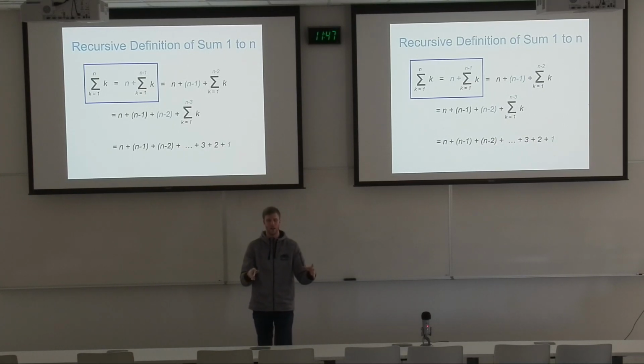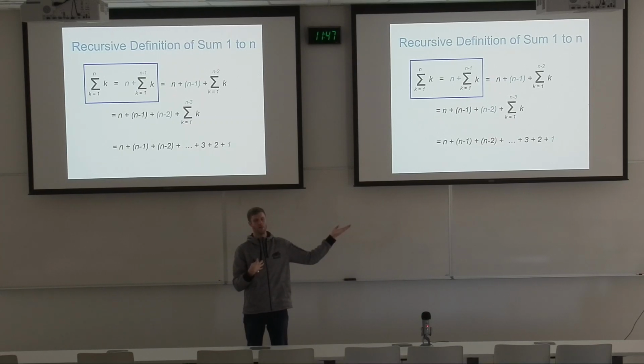Basically, take 1 less than me, the sum of all the numbers up to then, and then add me to it. I'm guaranteed to get the sum of all the numbers up to including n.